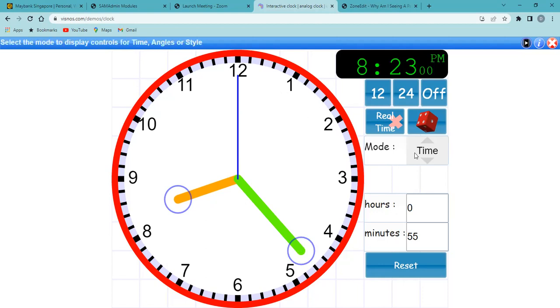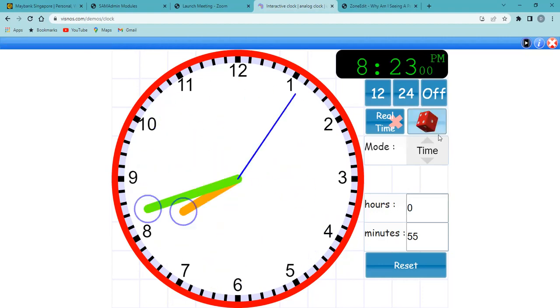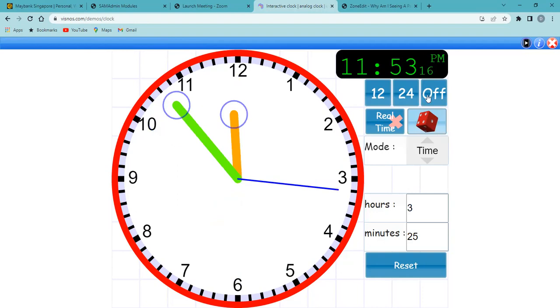Now, this is quite fun to use because you can even test them. For example, if I use a random clock, you can ask them what time it is. Of course, you've got to cover the digital clock. I have ways of doing that, and if you like, I can show you in class how you can use a window, Windows Explorer, to cover the time.